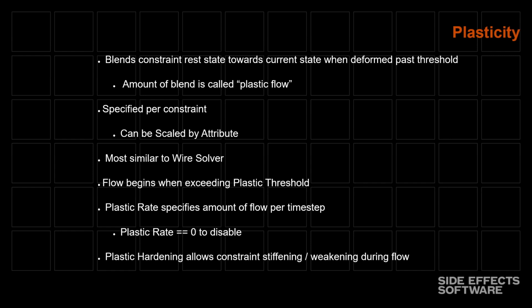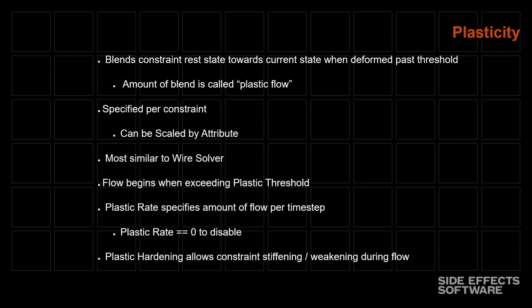For stretch constraints like distance, that is specified in terms of either a ratio like 10%, so it'll start having plastic flow once it's stretched past 10%, or an actual regular measurement, so say 10 centimeters. Plastic rate is the parameter that specifies the amount of flow per time step. So basically how quickly it blends from the rest state to whatever the current deformed state is.